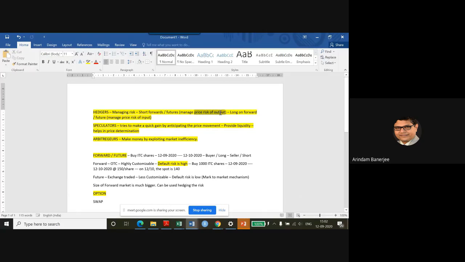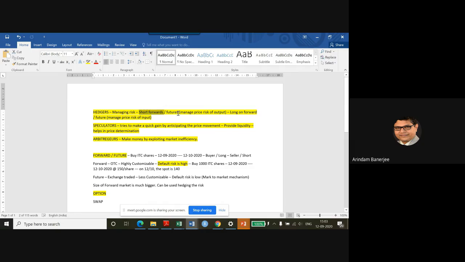He produced wheat and he is facing a risk that he may not get the right price while selling that wheat, which is going to come to the market after 3 months. And he wants to avoid this risk. And for avoiding this risk, what will he do? He will go for shorting.